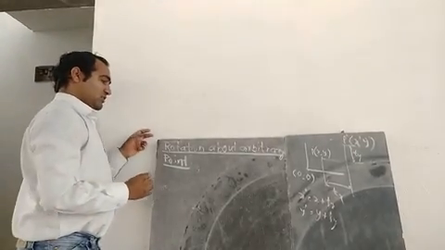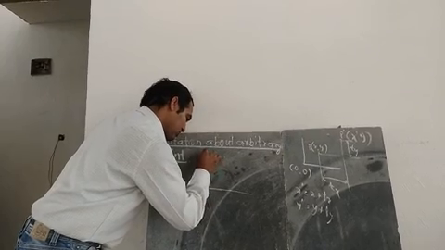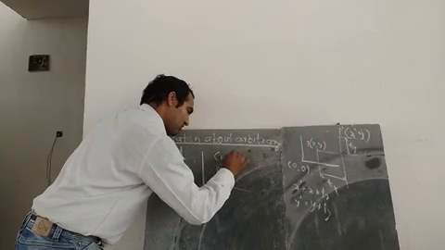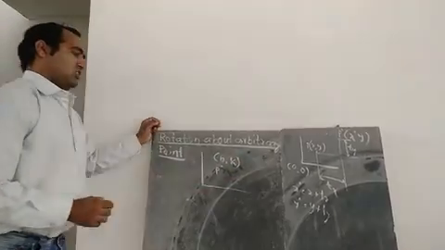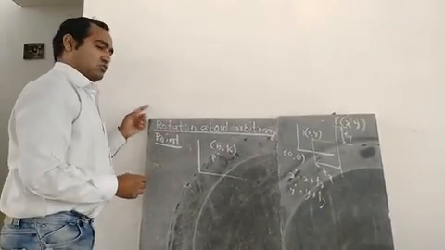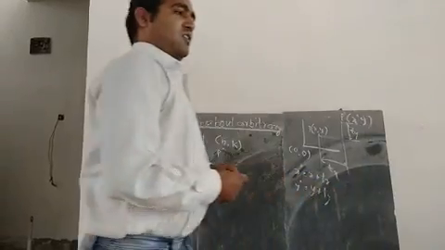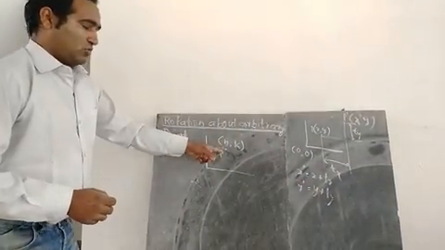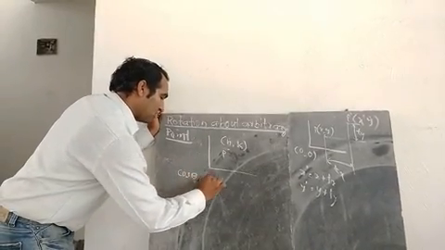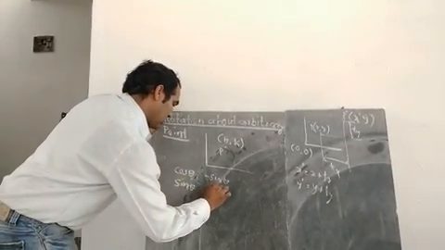For example, I will take a point P which has coordinates h and k. If I want to perform the rotation operation about this point, we know the rotation matrix, that is cos theta, minus sin theta, sin theta and cos theta.